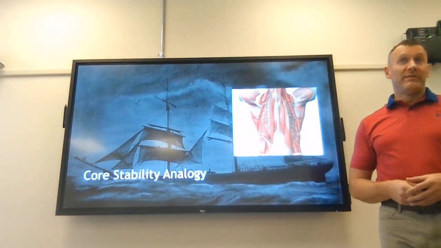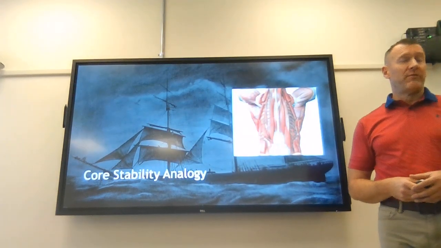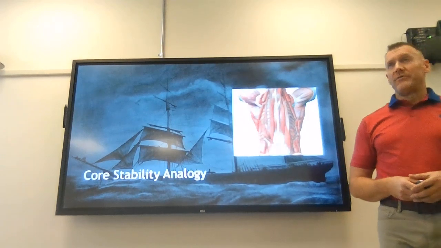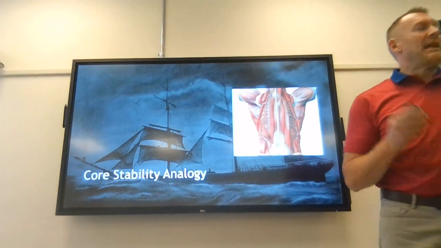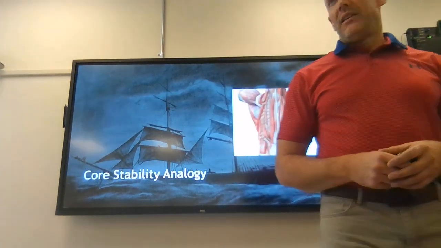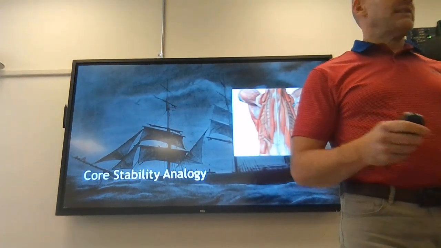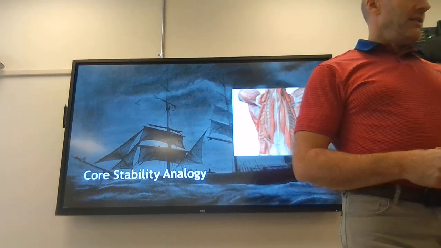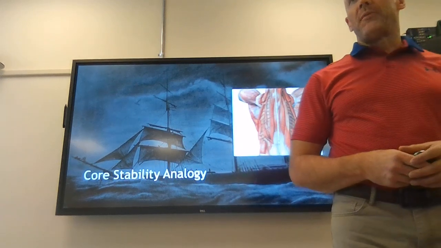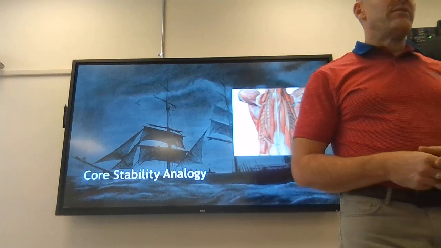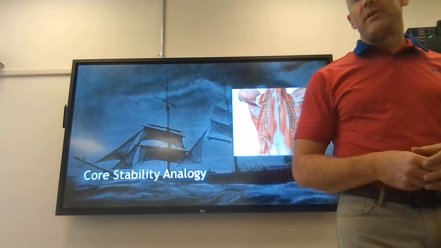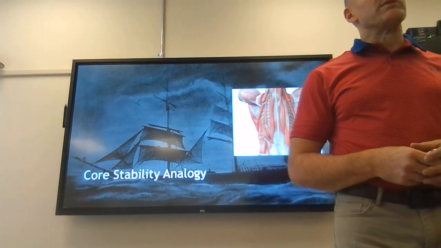They're all important depending on the type of force, the direction of force. Usually it's a combination of muscles that are activated to effectively stabilize the spine. And so they're all important. So we have to train or learn to resist forces through different planes of motion to create core stability.